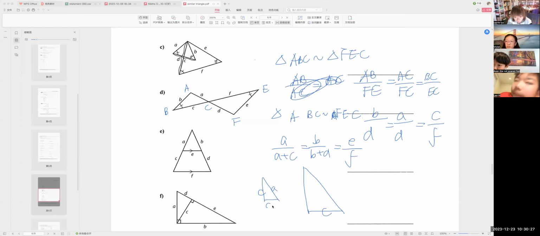A and D, and B and E. So C over E equals D over C equals A over B. Okay, everybody? Understand, everybody? So that's the thing, okay?